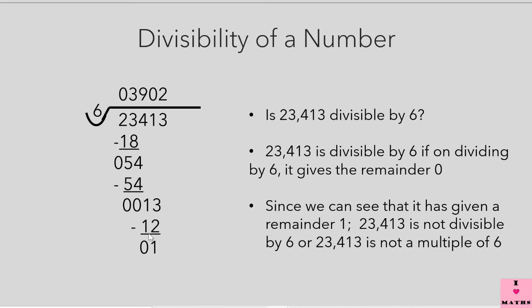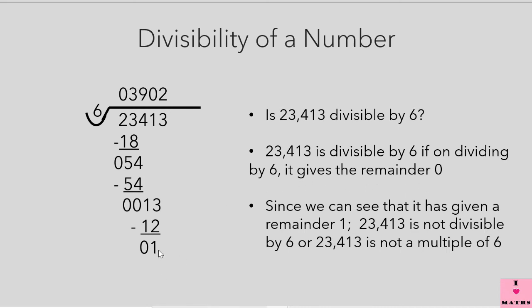So children, in this sum, we have got a remainder 1. 23,413 is divisible by 6 only if dividing by 6 gives the remainder 0.